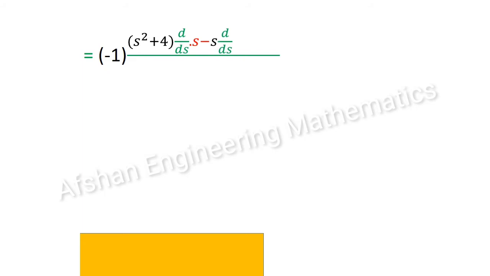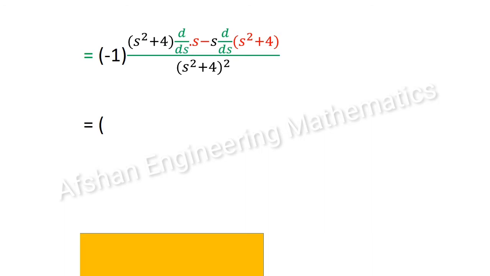Continuing with the previous slide, to make you easily understand, I used black color for constant term and red color for the term which we are differentiating. So here we differentiate s and s square plus 4.